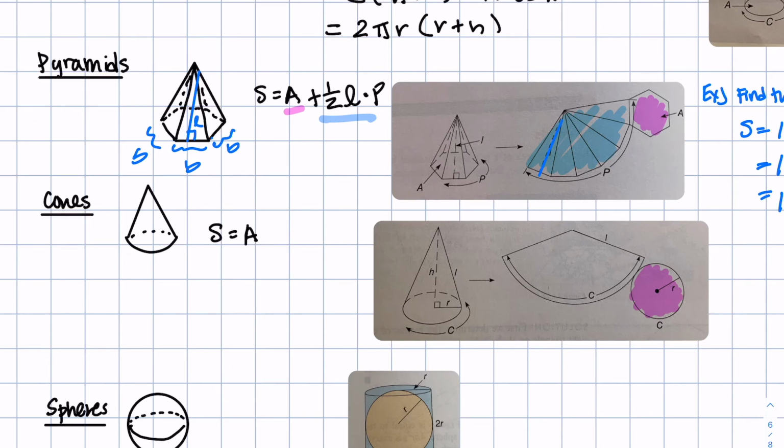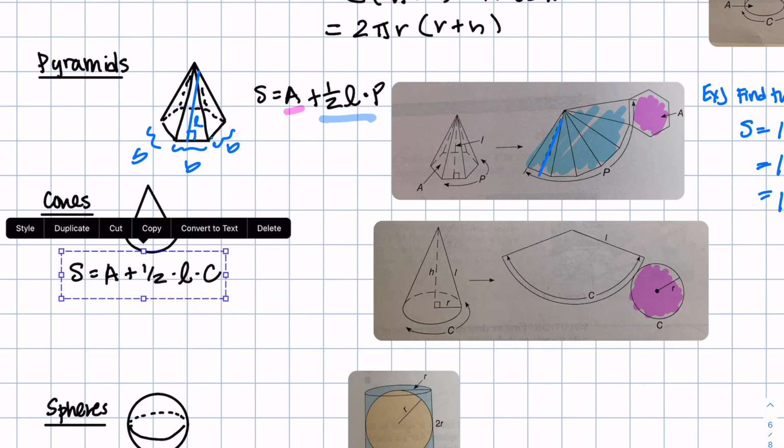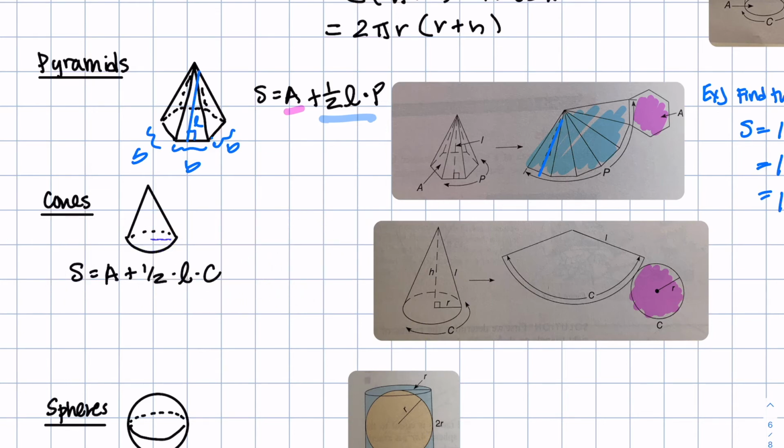So I don't need 2 of those, I just need 1. And then, of course, it's going to be 1/2, and we would expect it to be the length. And instead of the perimeter, it's going to be times the circumference. And then the only difference in this case is that we can use the fact that we know what the area and the circumference are in terms of this radius r.